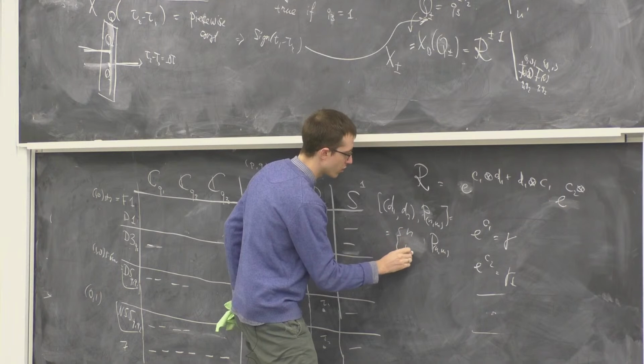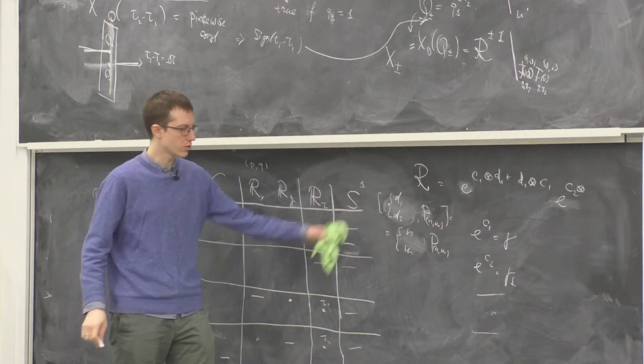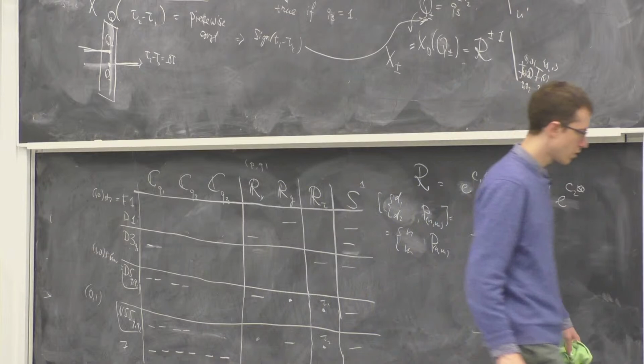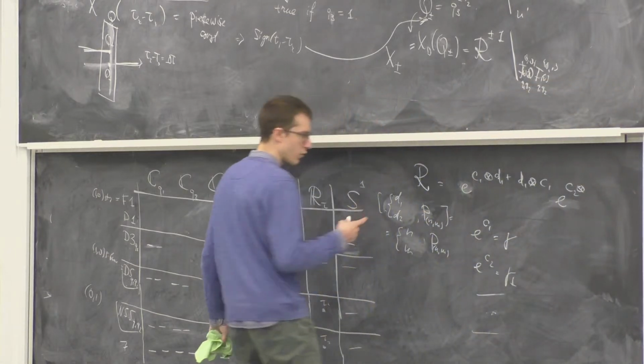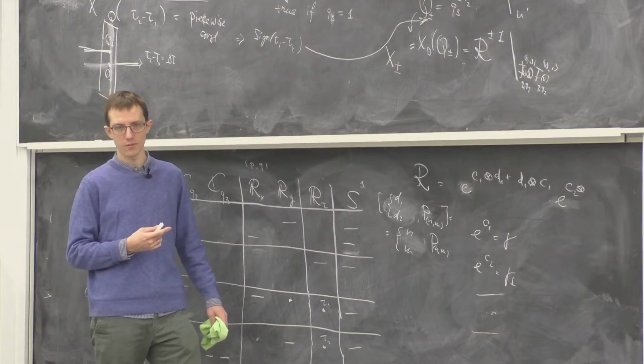It's either N or M, and here it's either D1 or D2. They are just grading operators. In the language of Fock spaces, they shift the spectral parameter.